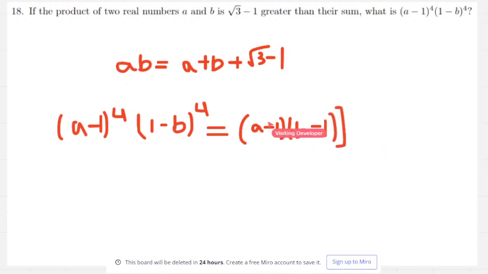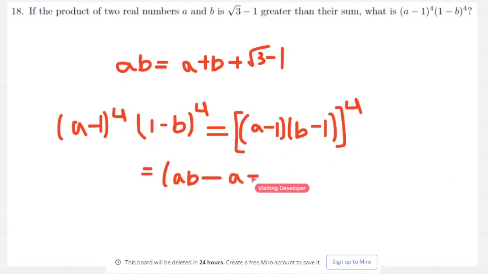In this case, we are allowed to flip the sign of 1 minus b to b minus 1, since we're taking this term to the fourth power, so the negative 1 cancels out with itself. And if we expand this, we get ab minus a minus b plus 1, to the fourth.